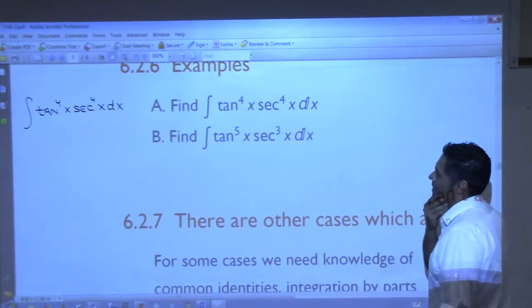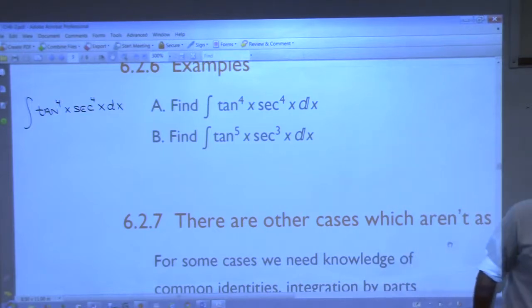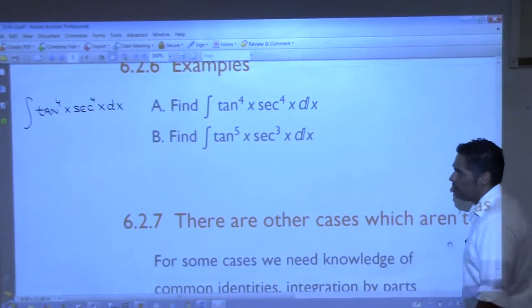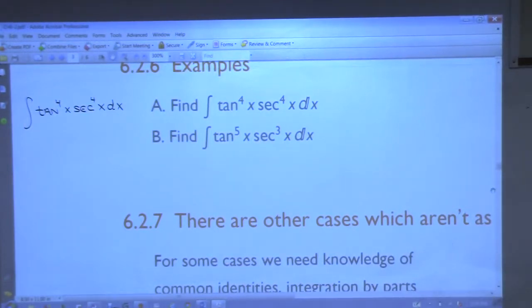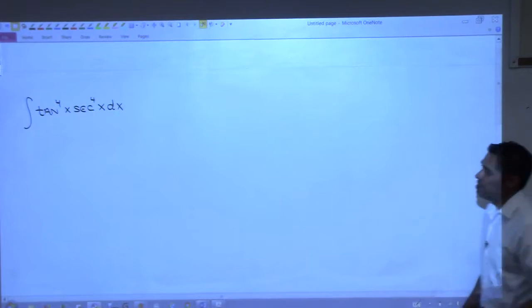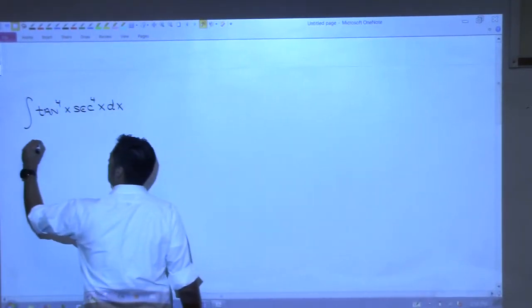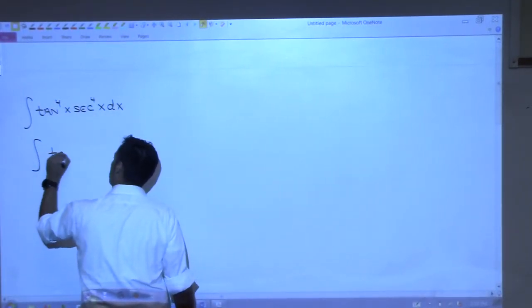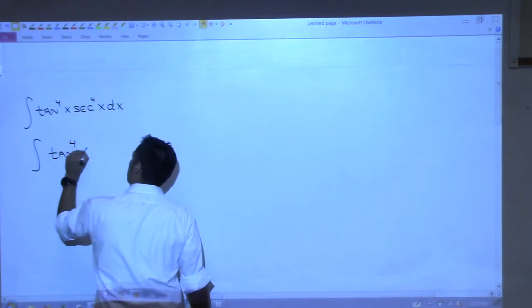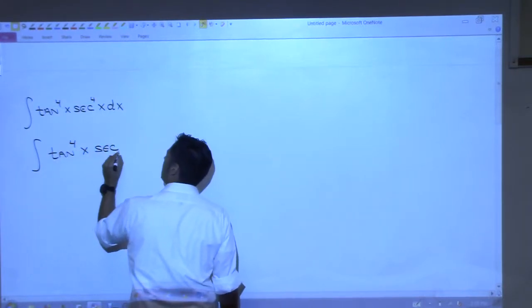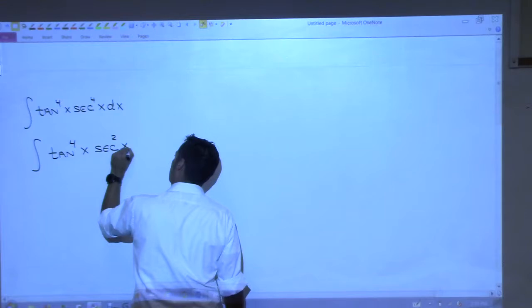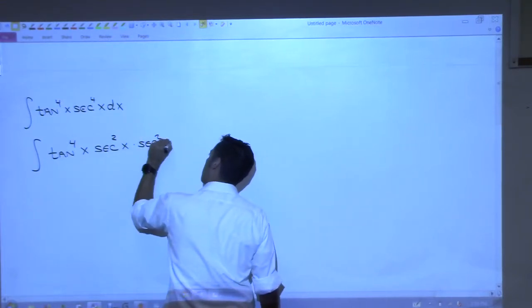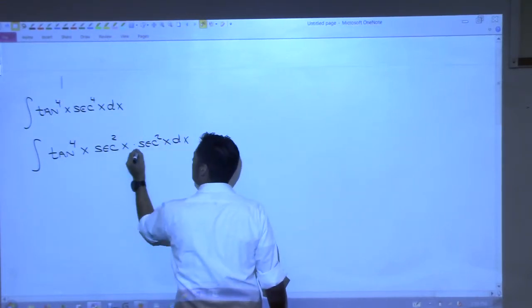All right, here we go. So do you see tangent and secant together? Yes, right? Do you see that the secant is even? The secant is even, and because it's even, I'm going to peel off a secant squared, keeping in mind that by doing this, that's forcing my hand.